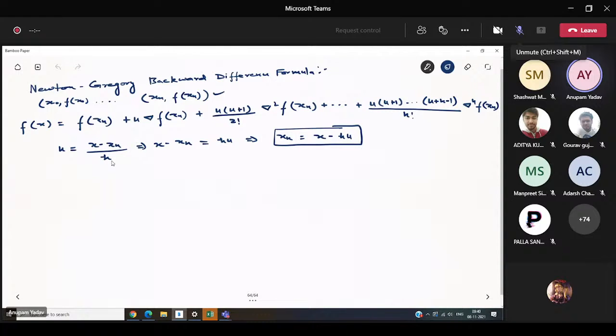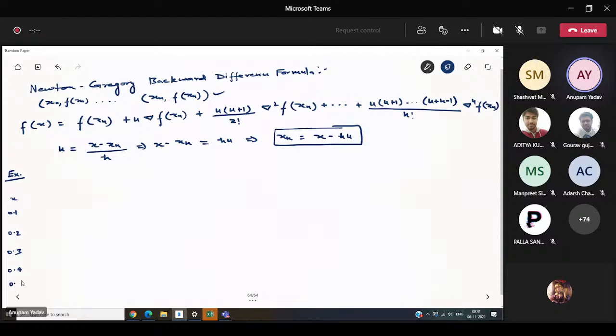Okay, so suppose the same data is with us. Suppose this is x, this is the example. Suppose we have x at 0.1, 0.2, 0.3, 0.4 and 0.5.